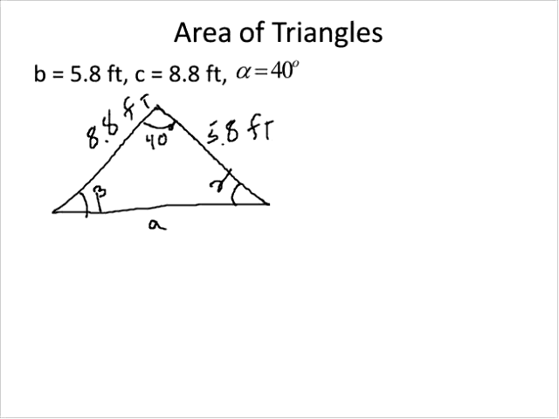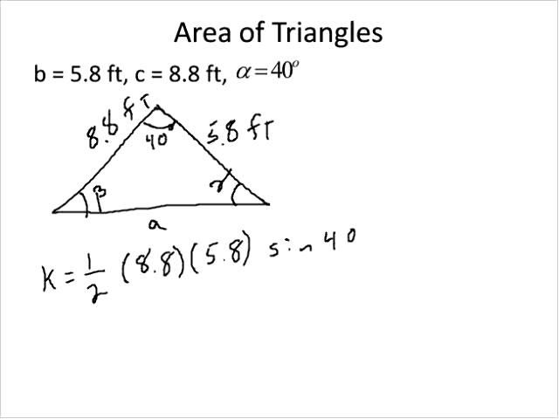All right, running over to our formula, we're going to say the area of this triangle is equal to 1/2 times the two sides, so times 8.8 times 5.8 times the sine of the angle in between them, so the sine of 40 degrees.